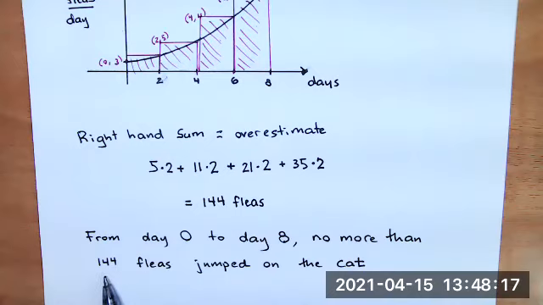Again, this is not the number of fleas that are on the cat. We would need to know how many fleas the cat started out with. So we have our underestimate of 80 and our overestimate of 144. That means that we can now calculate the maximum possible error. So let's do that.